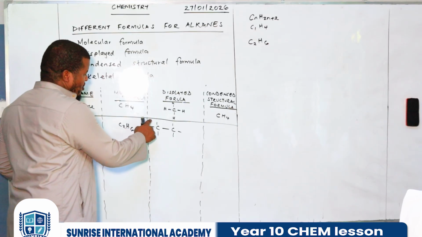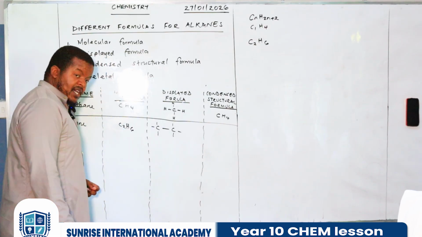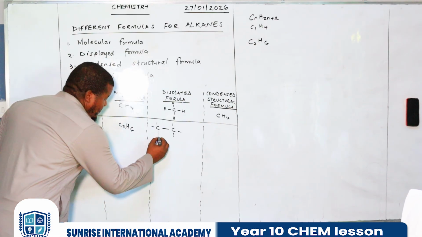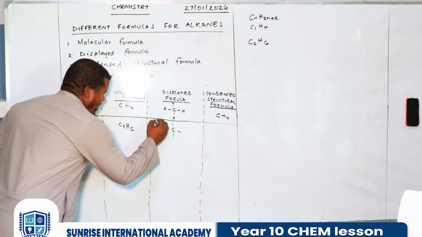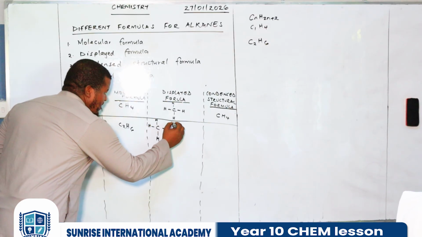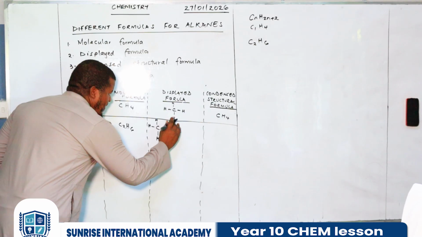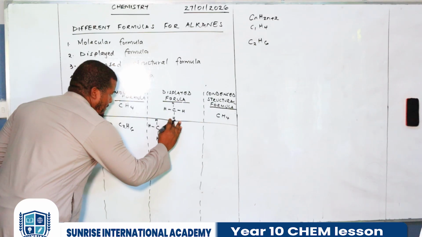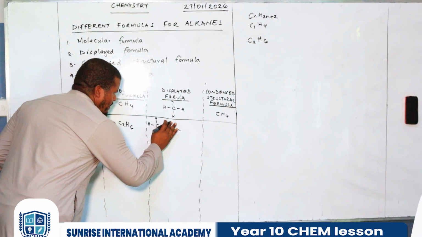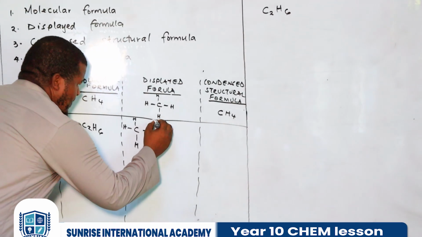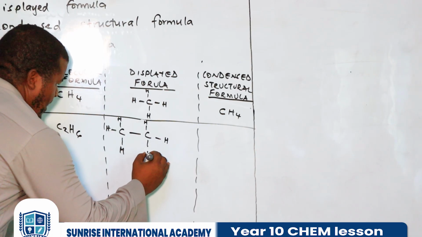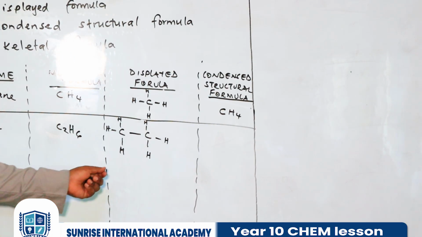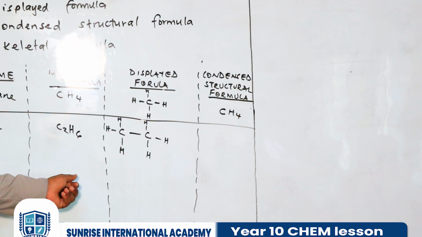So put the 3 bonds here, put the 3 bonds on the other carbon atom. We are going to have hydrogen on each of them. This is the displayed formula for ethane.